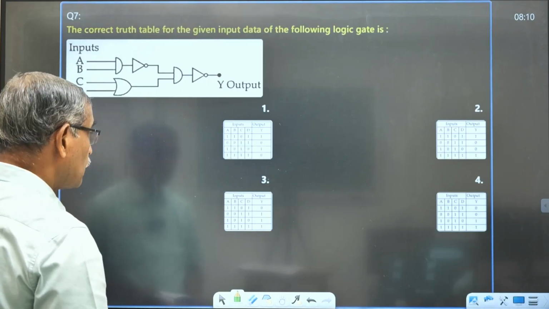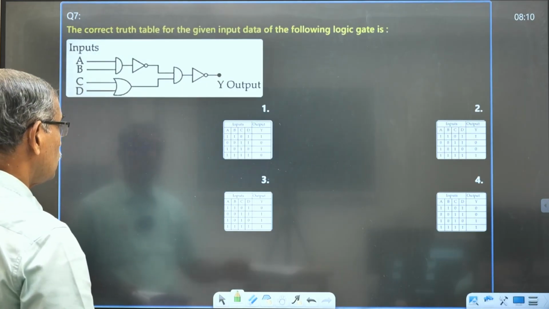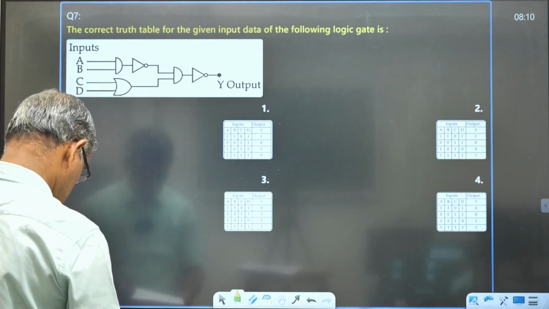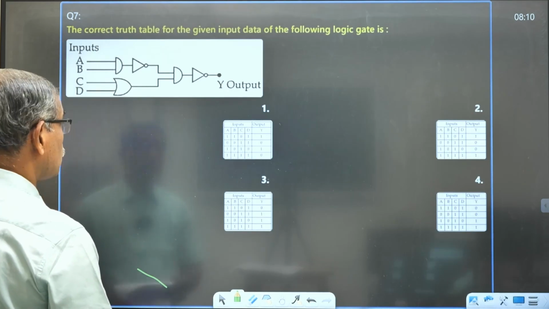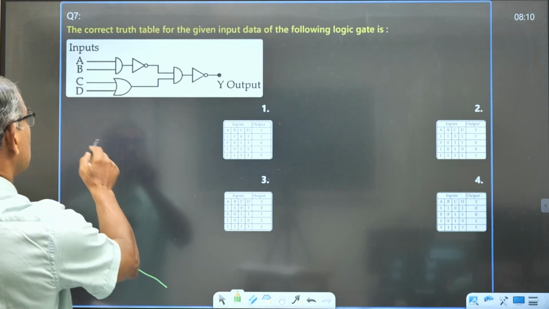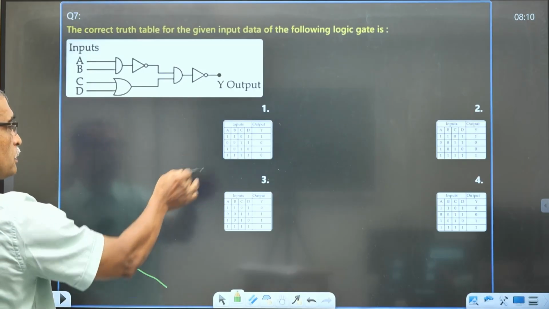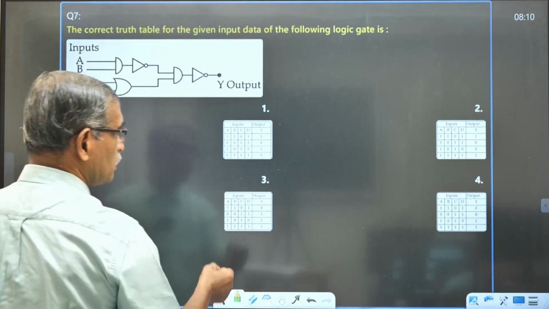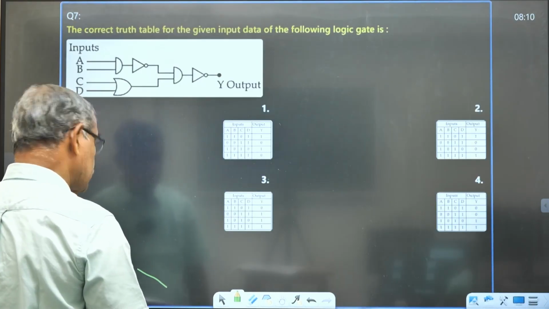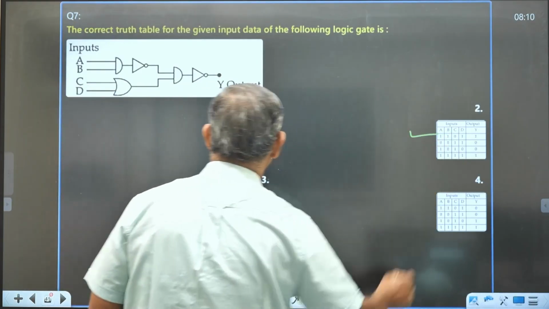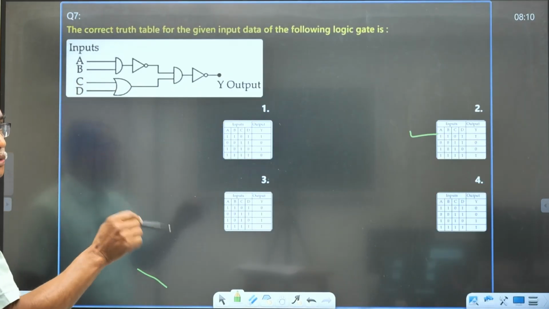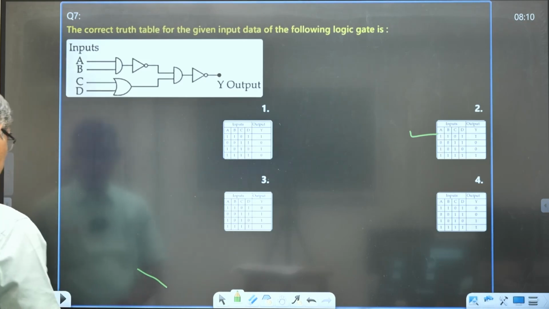Get the truth table which agrees with this one. By trial and error, you verify A, B, C, D values, and out of this, find which agrees with the result. On calculation, you can see that option 2 agrees with the results. Okay. In this, by trial and error, give the different possible inputs and see the output.